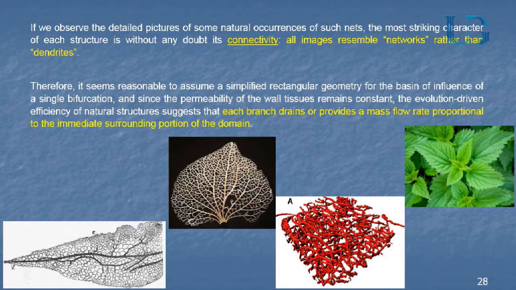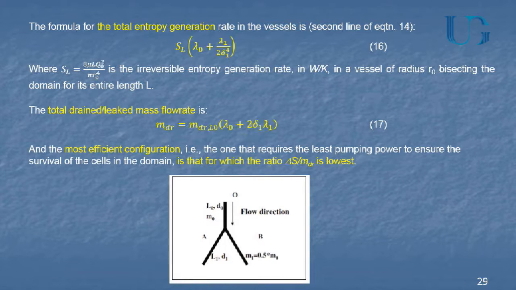Next, please. So I go back to the slide which I showed before. This is one bifurcation now, one bifurcation symmetrical. SL is the same as S0. It's a reference entropy generation rate. One bifurcation, this is the entropy generation. This is the mass which is delivered.